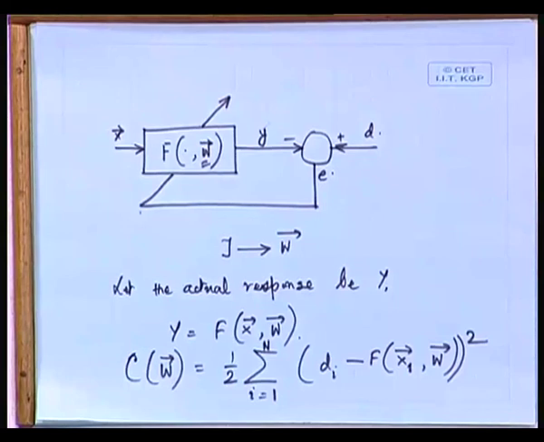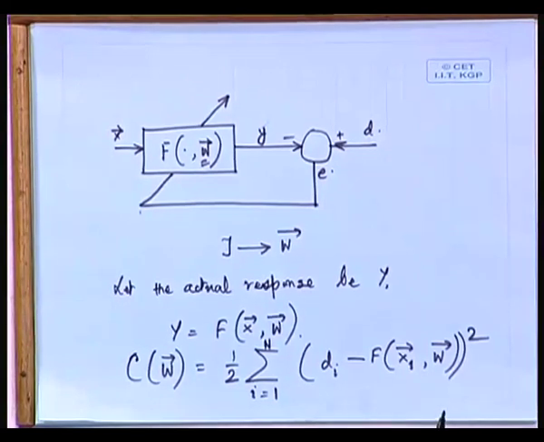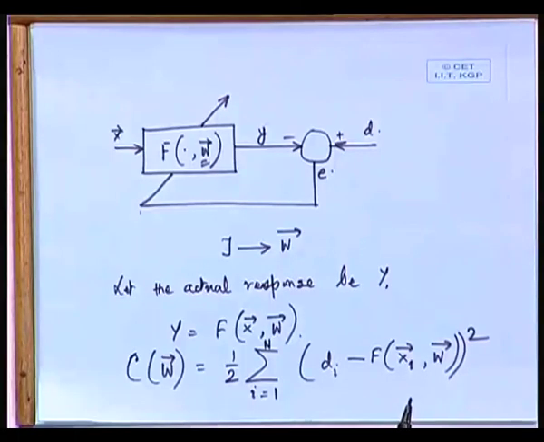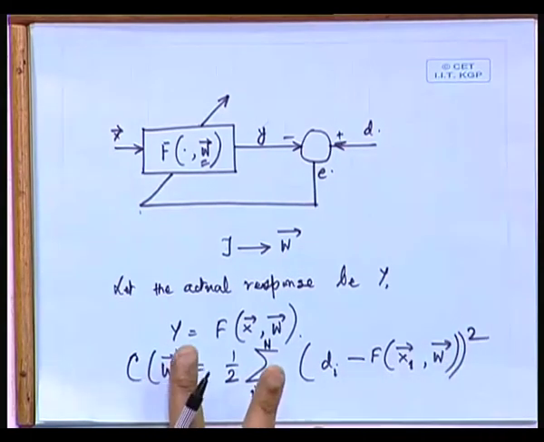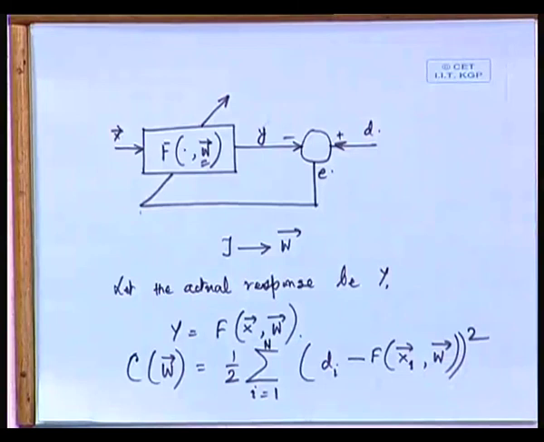Now, realizing the cost function like this can be interpreted as follows. That means to say what? That you have got a total of capital N training samples, and you are adding up the squared error of all these training samples, and then combinedly you are getting a single index, a single cost function C, which is being represented like this.